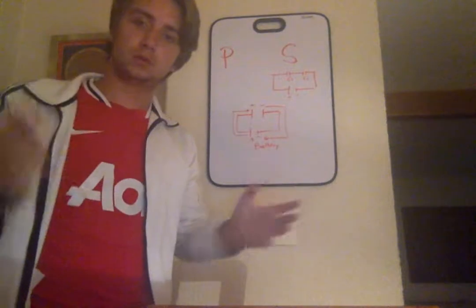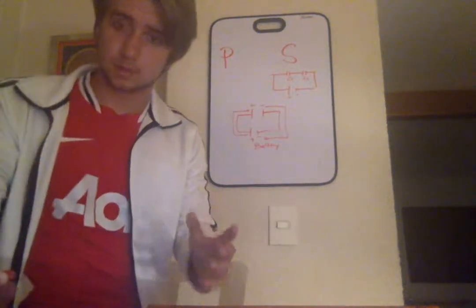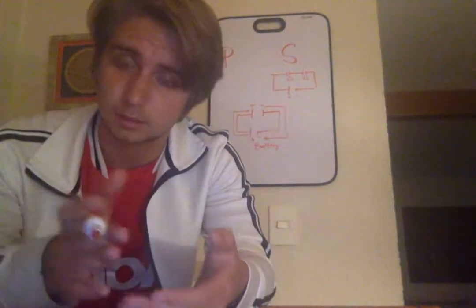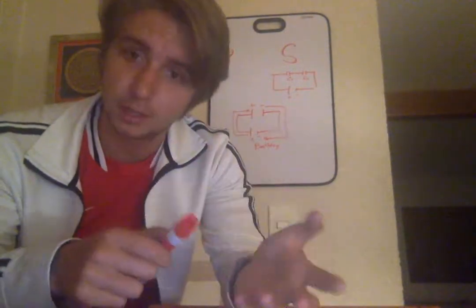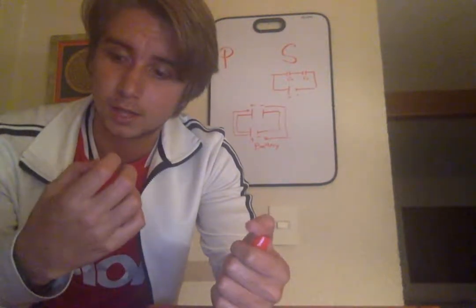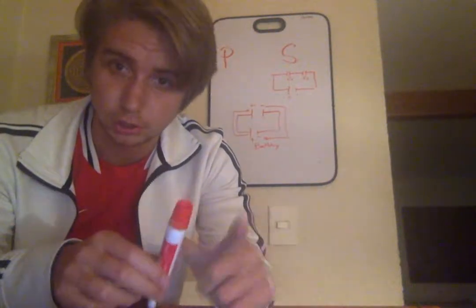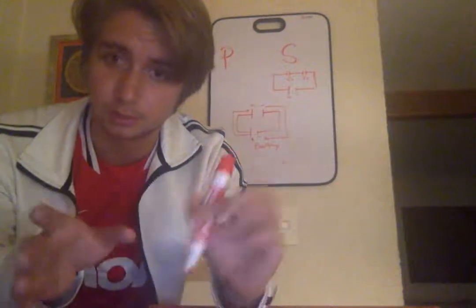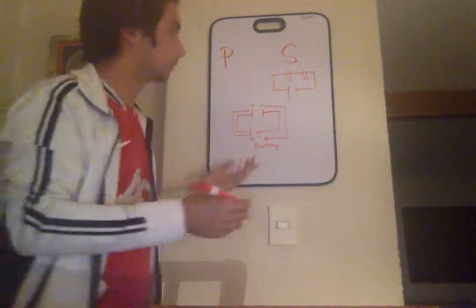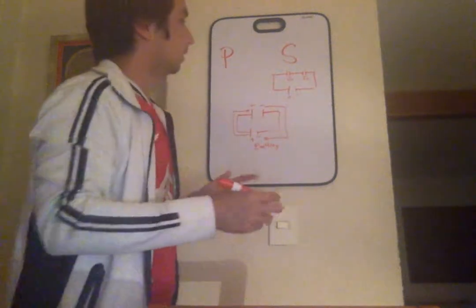So this ability to store things is the capacitance. Capacitors have capacitance, and capacitance is the ability of a capacitor to store energy and charge, to electric potential and charge.